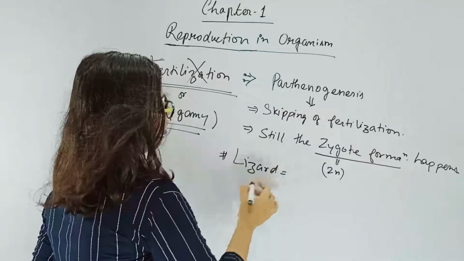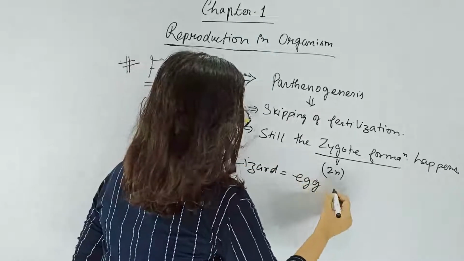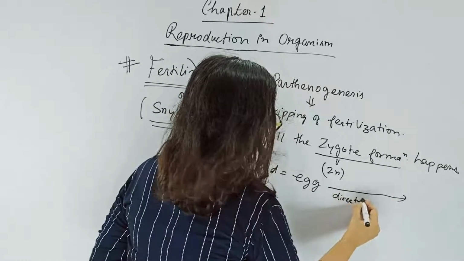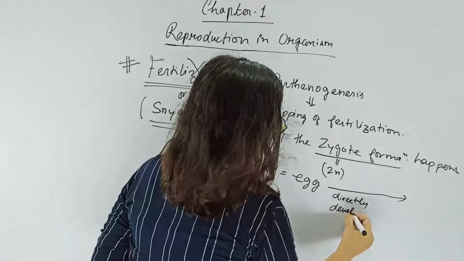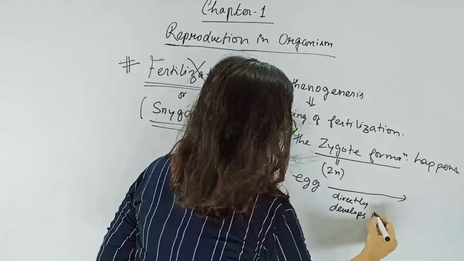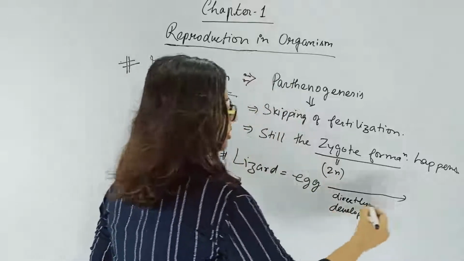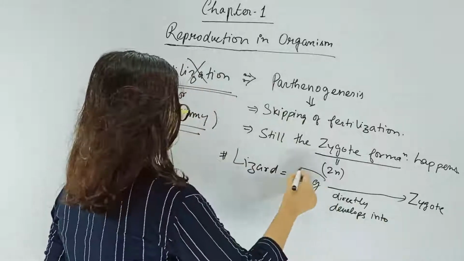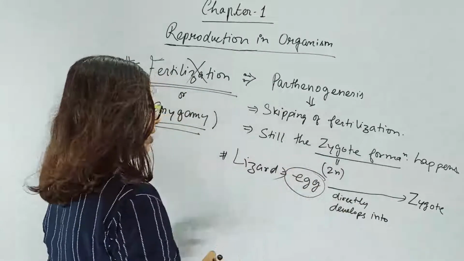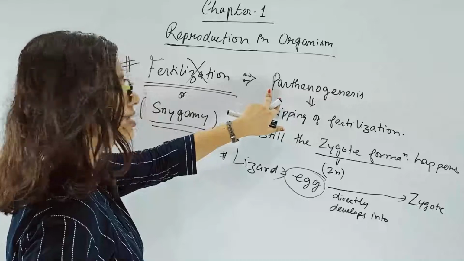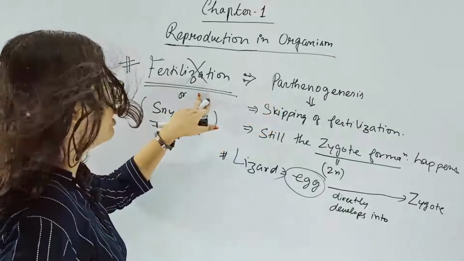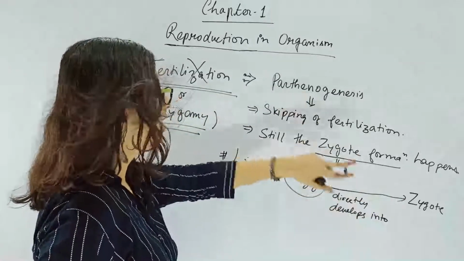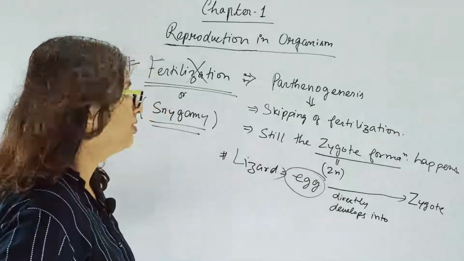In the lizard, the egg directly develops into the zygote. This egg directly develops into the zygote. So parthenogenesis is an exception in case of fertilization. No fertilization has occurred, still there is zygote formation. There is formation of a new individual.